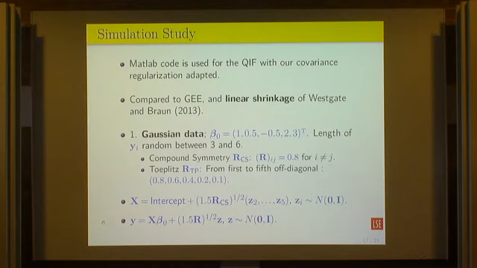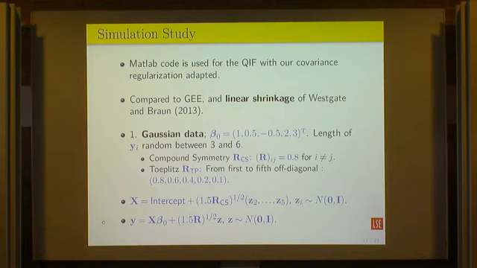Let's look very quickly at the simulation setup. First of all, we use Gaussian data, very standard Gaussian data, and the length of each group yi will be random between 3 and 6. So you assume that within each patient you obtained 3 to 6 observations.